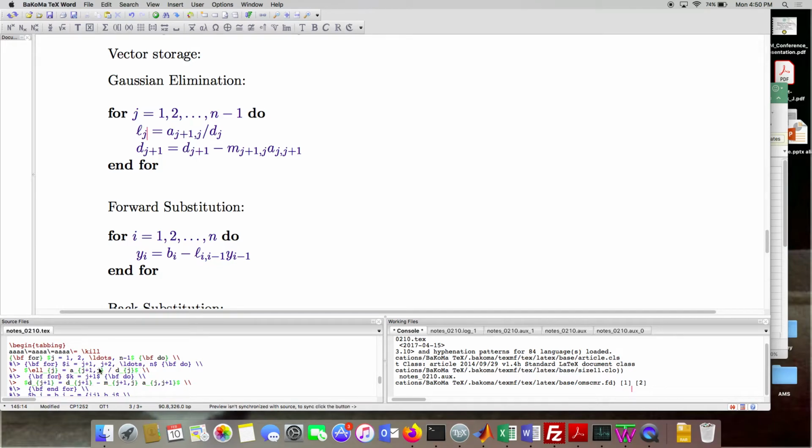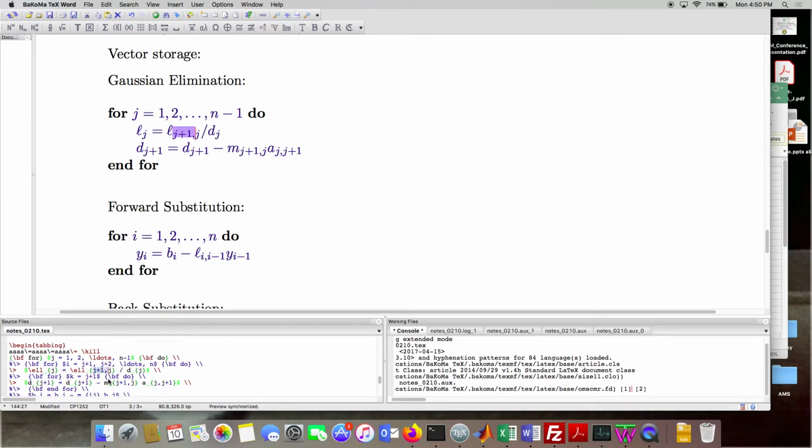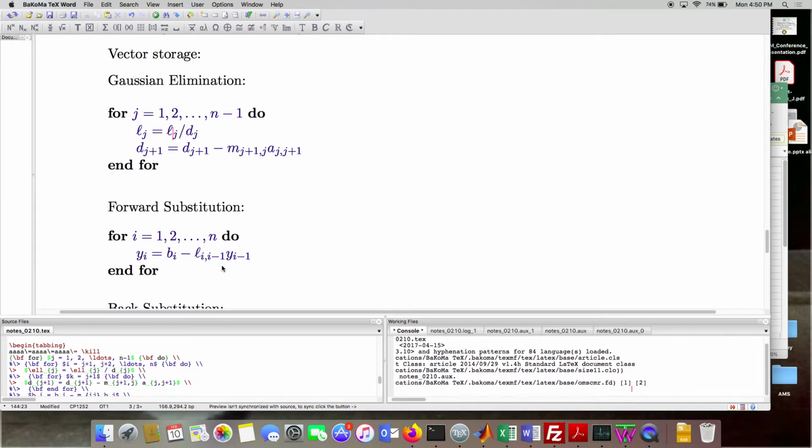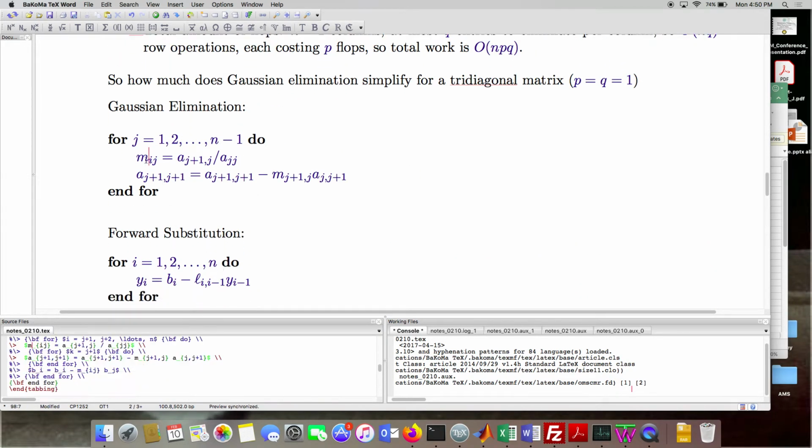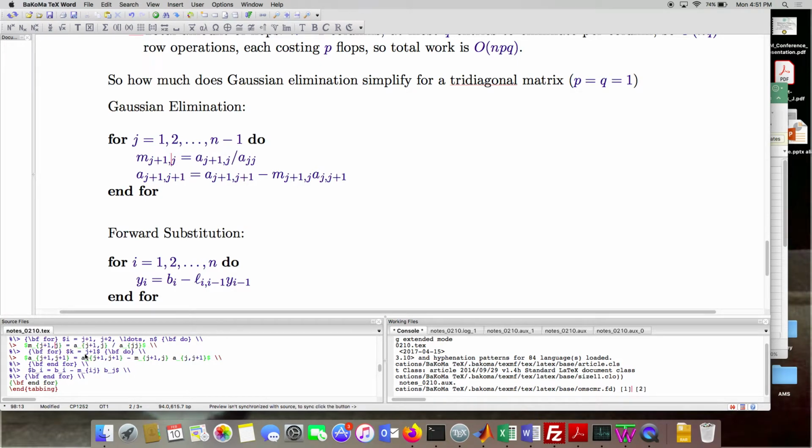All right, so for any subdiagonal entry, I'll use the column index. So that's going to be L_J. I want to check something here. Oh, actually, up here, this therefore should also have been J plus 1.